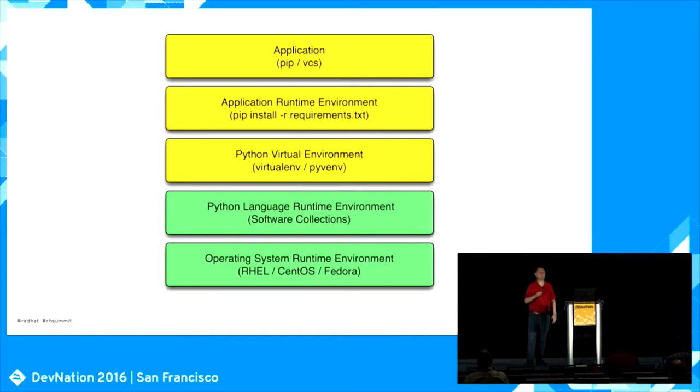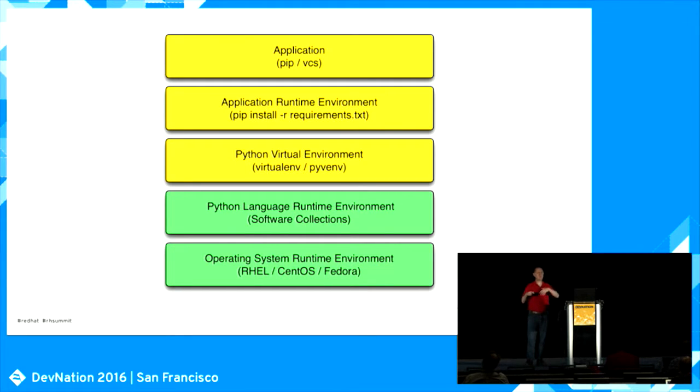And so when you have an application built this way, what you end up with is this model where the base operating system environment, the base language runtime, those are coming from Red Hat. They're defined by Red Hat. We say these are the things that we think should be included in this base environment. But then as an application developer, you use the virtual environment tools to define your virtual environment. Then on top of that, you use pip to say, these are my additional application level dependencies that I'm going to use in my application.